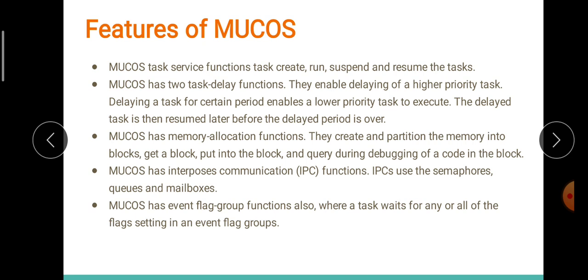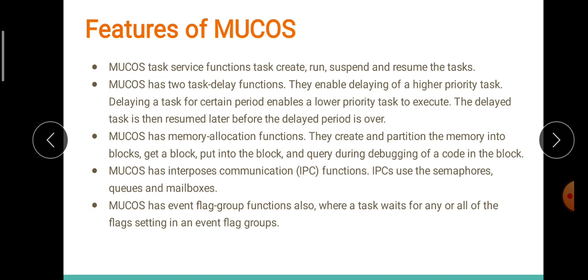And when these higher priority tasks are delayed, the lower priority task can be executed. And later on, the delayed task or the higher priority task can be resumed just as usual. So these two task delay functions help MUCOS in giving a delay even to the high priority task.